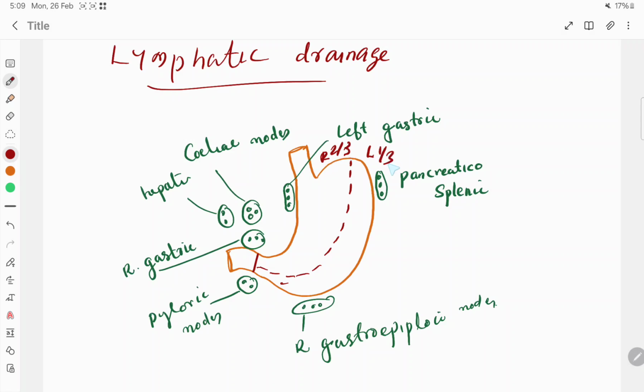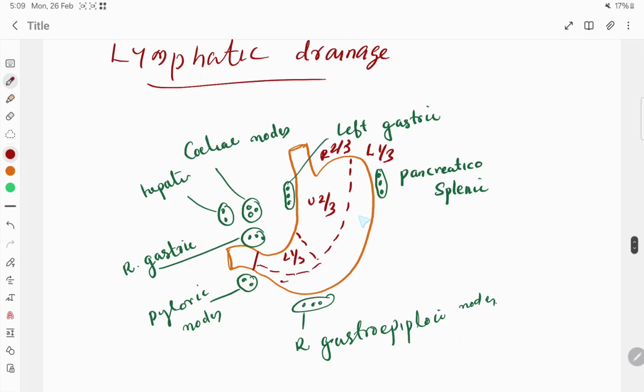The right two-third is again divided into upper two-third and lower one-third, and the left one-third is divided into upper one-third and lower two-third.